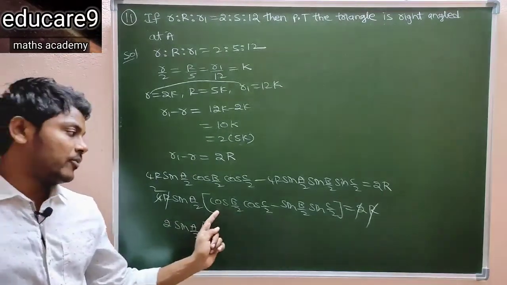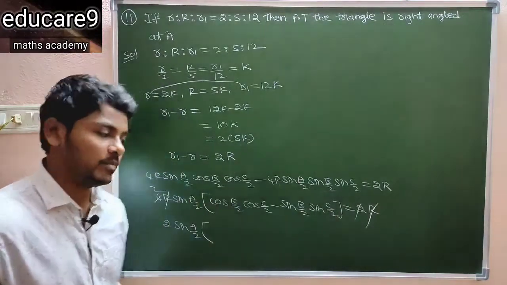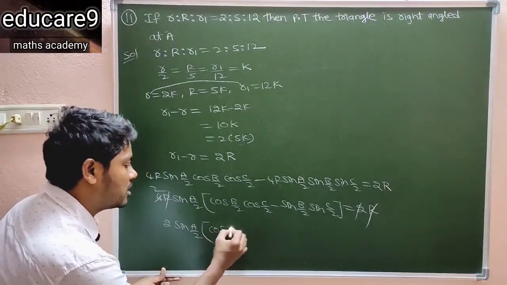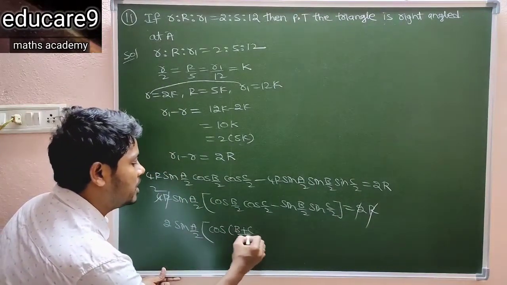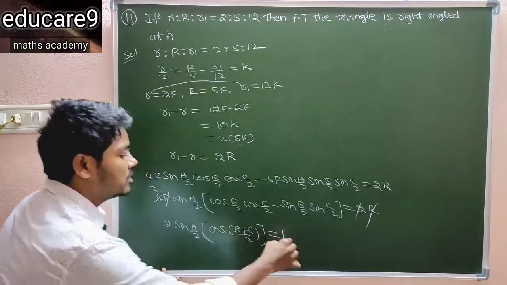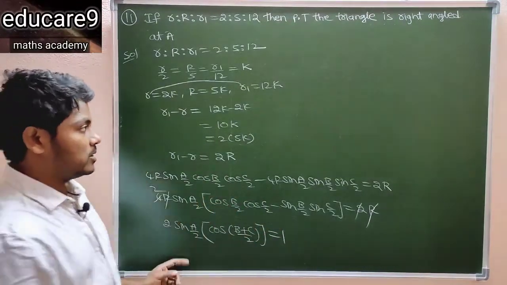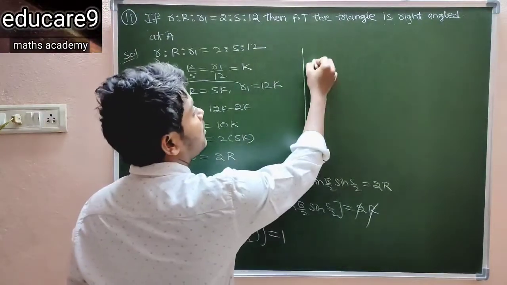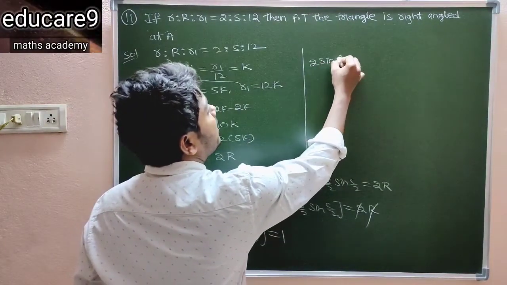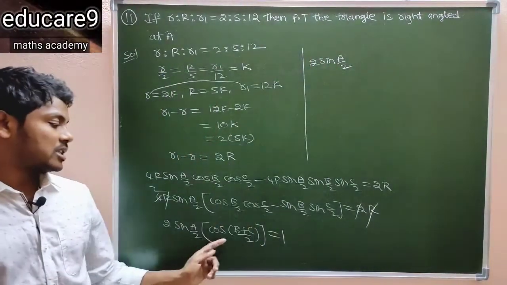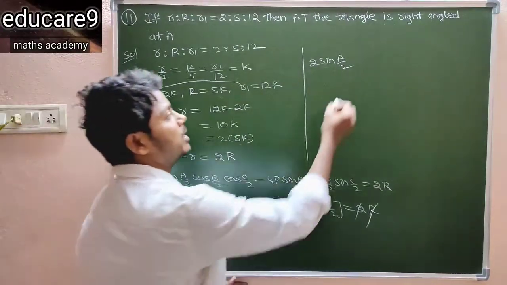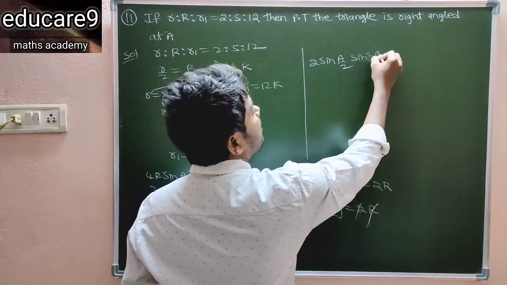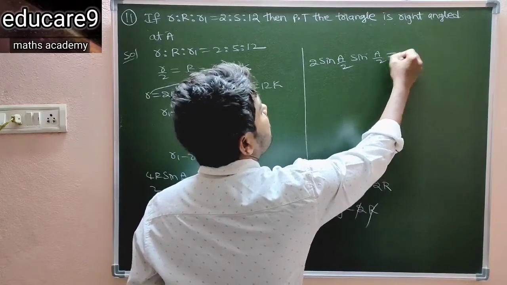So here it is the form of cos A cos B minus sin A sin B. This is cos of A plus B, that is cos of B plus C by 2 is equals to 1. Now this is here 2 sin A by 2. So cos of B plus C by 2, write as sin A by 2, is equals to 1.